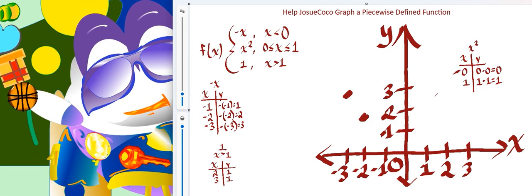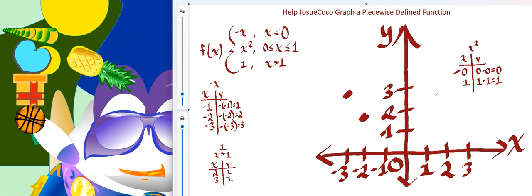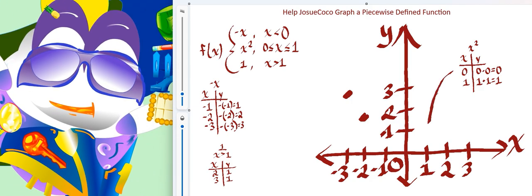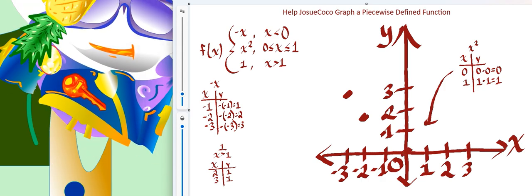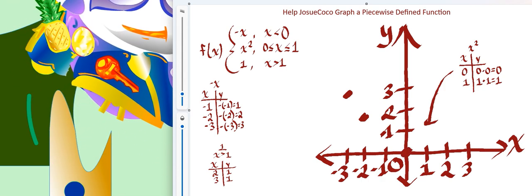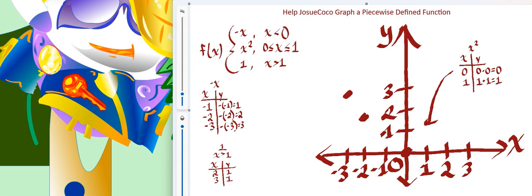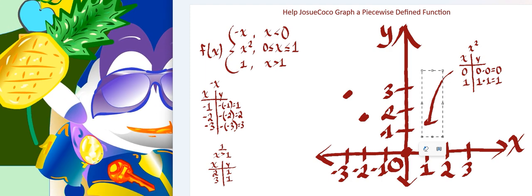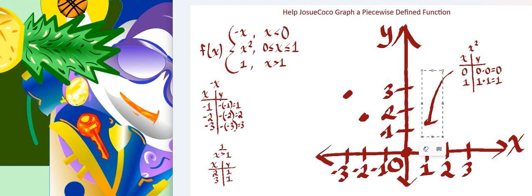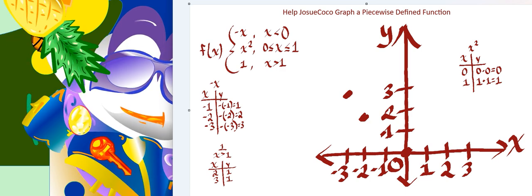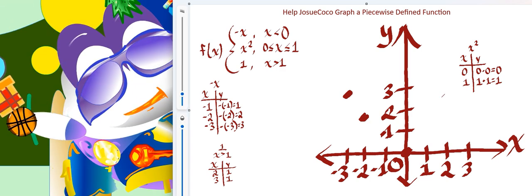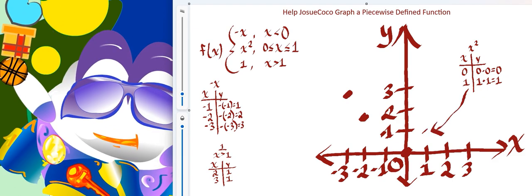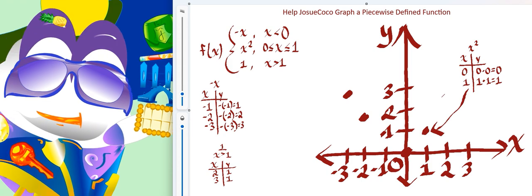Next, we'll take x squared. Now, x squared, we'll mark it in the origin. When x equals 0, y equals 0. When x equals 1, y equals +1.